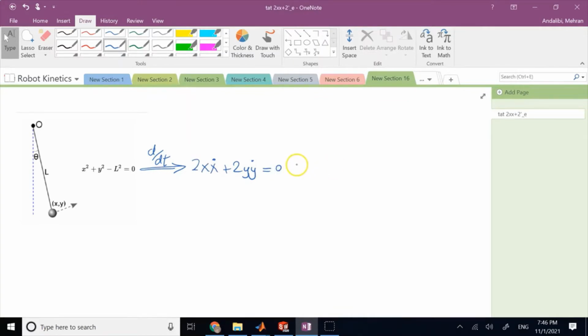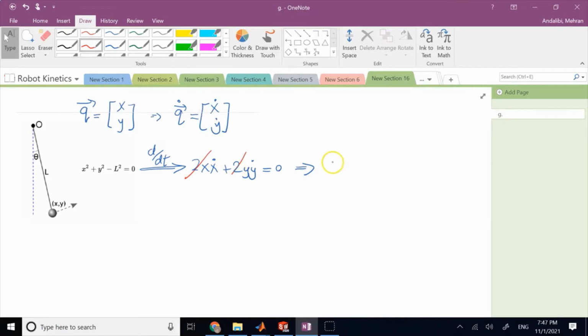In a matrix format, remember here, I choose both x and y to be in vector q. So q is x and y, and so your q dot vector is going to be x dot and y dot. So if I want to write my constraint equation as C of q times q dot equals 0, I have to write it as, if I get rid of these 2's, which I don't need, x and y times x dot and y dot equals 0.